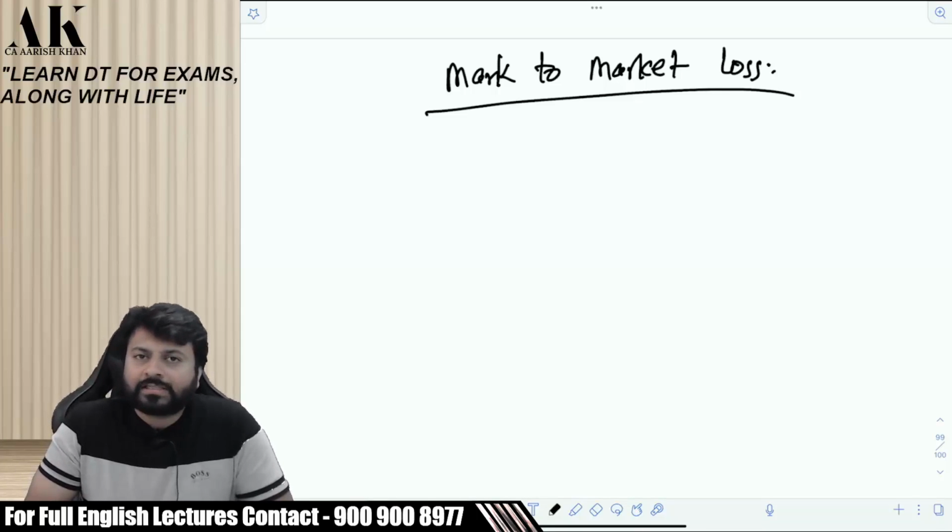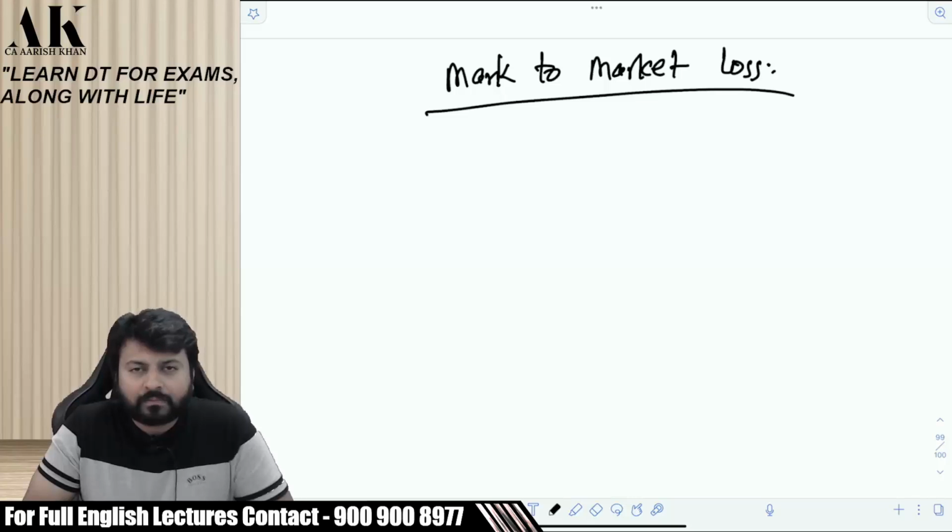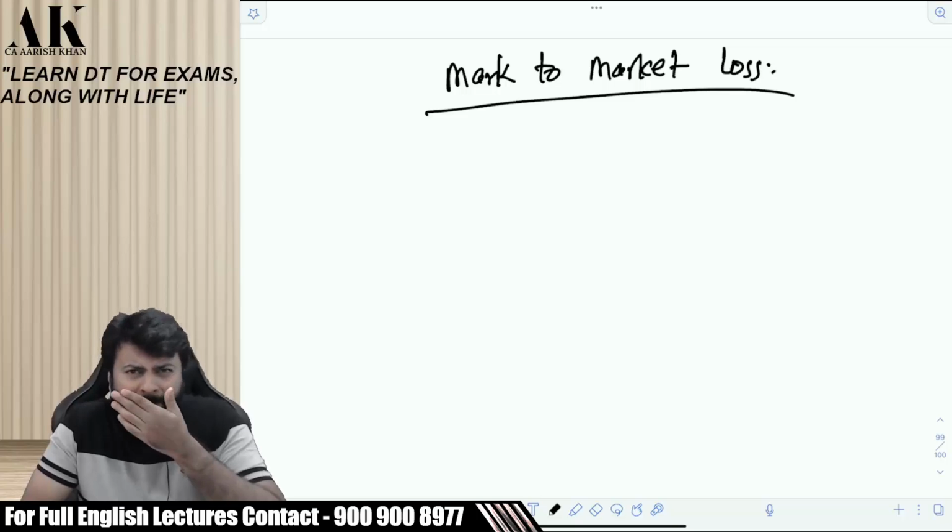Mark to market loss is something where you make an investment in some assets, say shares and securities and mutual funds. Does the value of these things change on a day-to-day basis? Mutual fund values change on a day-to-day basis, sure. Stocks and shares change day-to-day.